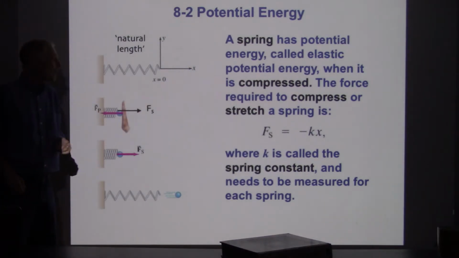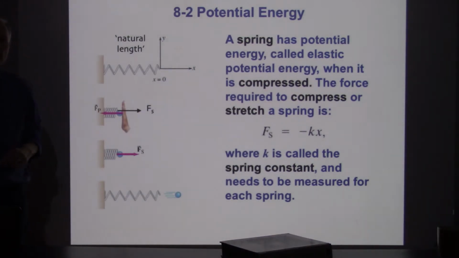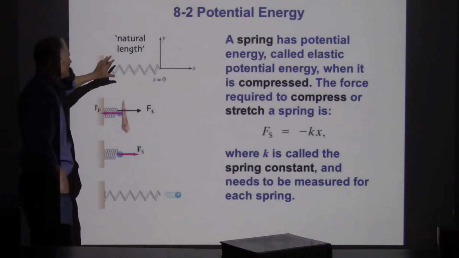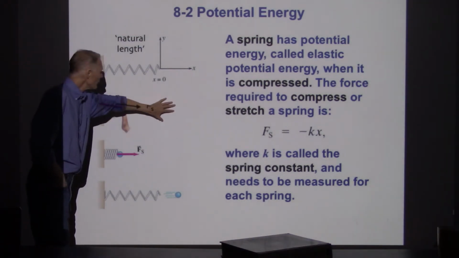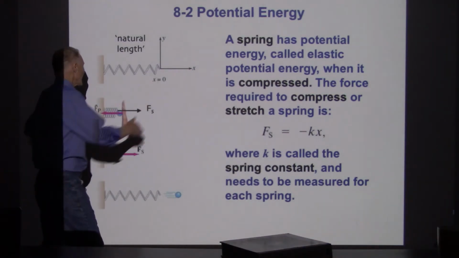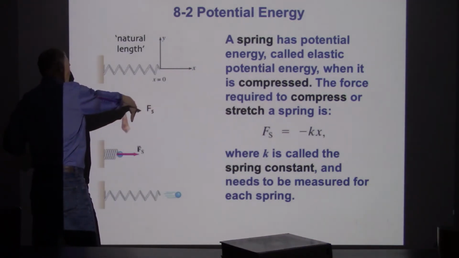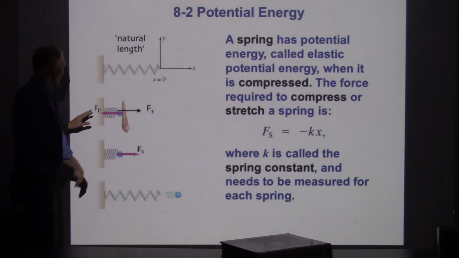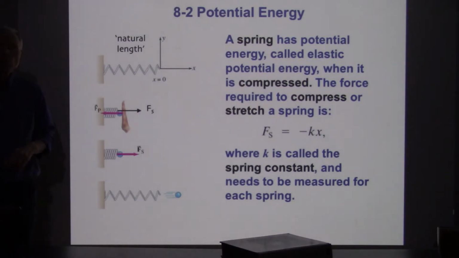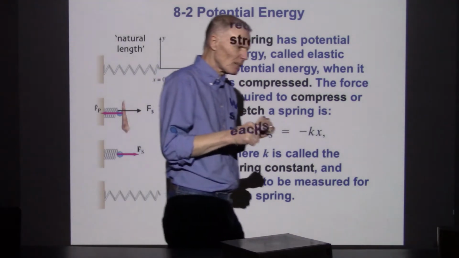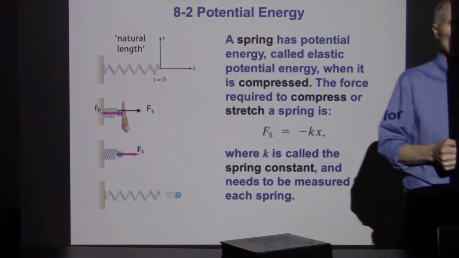So what's happening in terms of energy in those diagrams? Well, here we didn't have any energy stored in the spring at all. And then we did a bunch of work and compressed the spring. So now I've got a compressed spring, and now I've got that energy stored. The spring is able to store energy, and it stores energy in the electric and magnetic fields of its atoms and molecules.